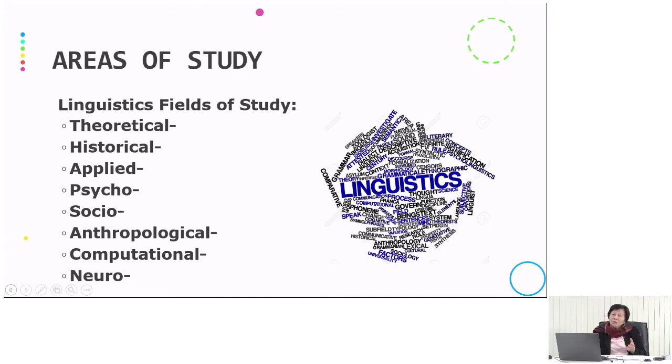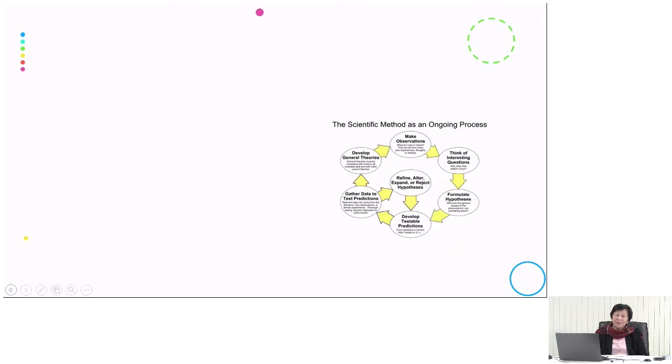Okay, so this is the fields of study. You can make a choice, what kind of areas that you are interested in, and what kind of areas will be useful for your job ability in the future. You can choose. There are many in the study that you can set up by yourself, okay?